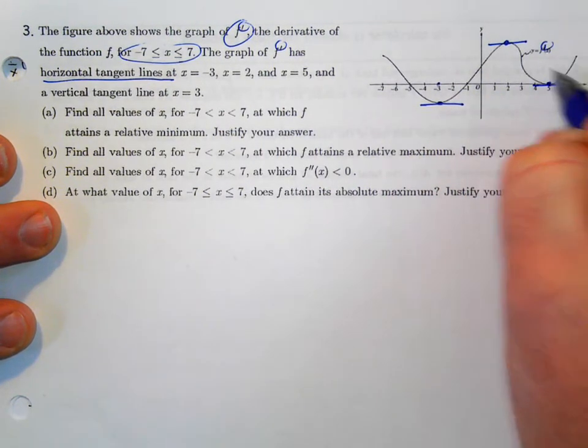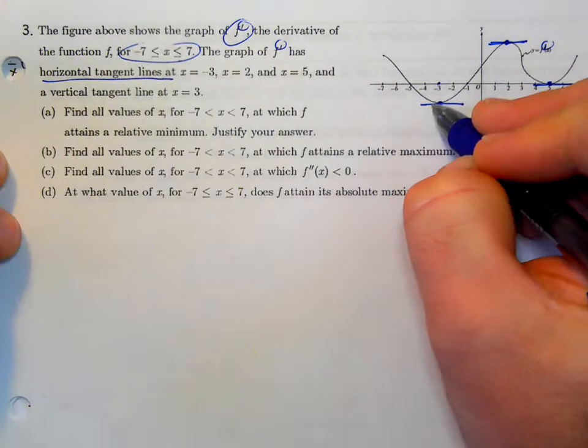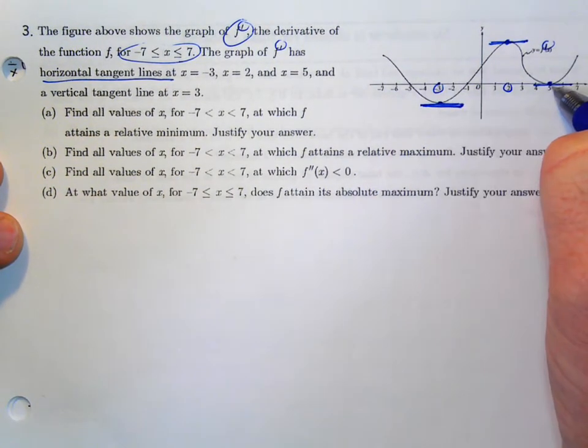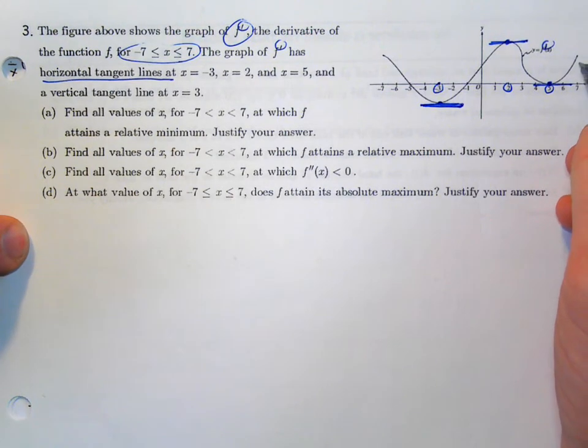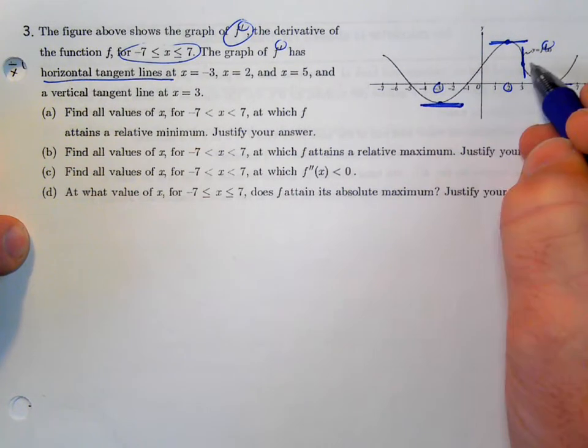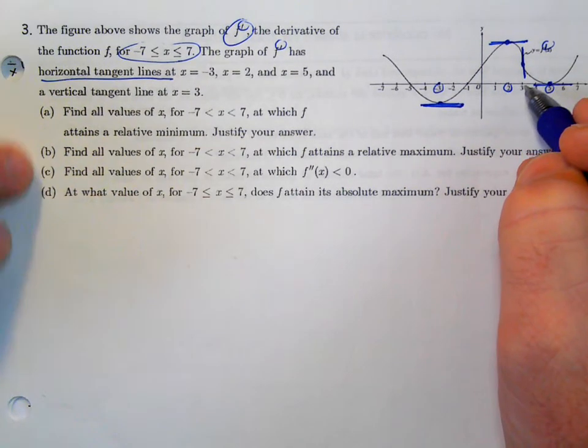So they're telling you that. It's pretty obvious looking, but that verifies exactly what values those are happening at and that they are flat. I would write those things on there.